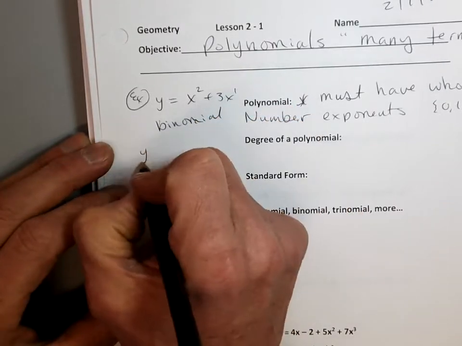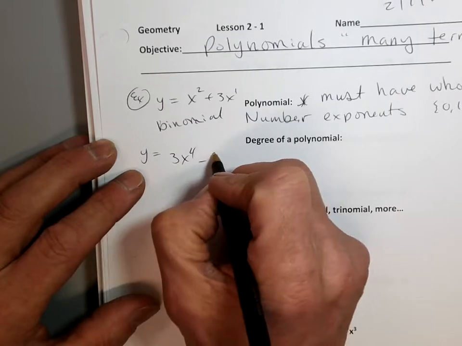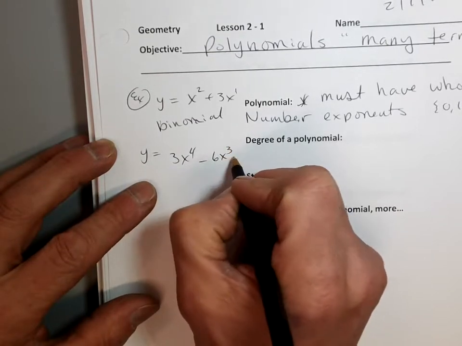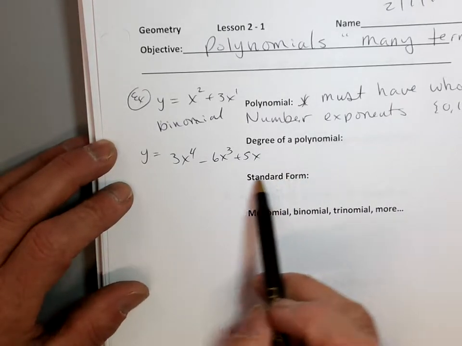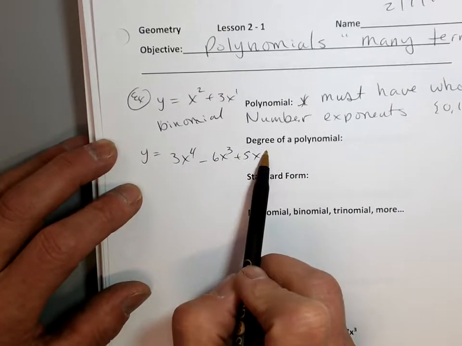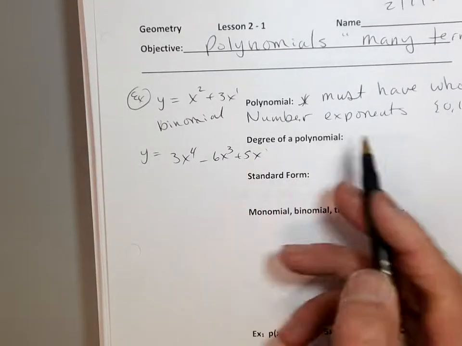If I had y equals 3x to the fourth minus 6x cubed plus 5x, that's a polynomial because the exponents are whole numbers. This would be called a trinomial because it's got three terms.